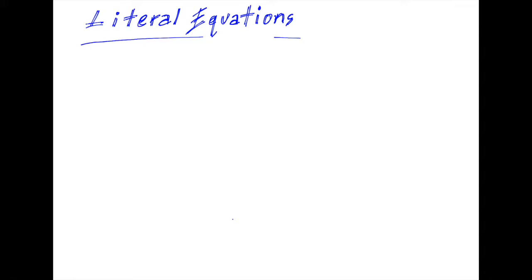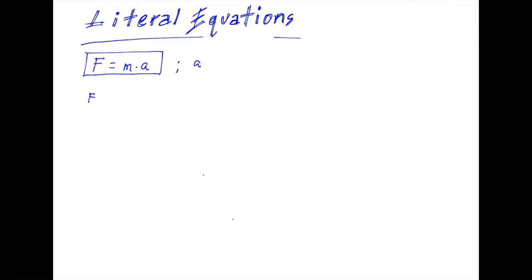Most of the problems in physics require manipulation of formulas. Now, let's say for example we are given this formula, F equals mass times acceleration. This is the general formula, but sometimes in the problem we are asked for A. How to solve this?